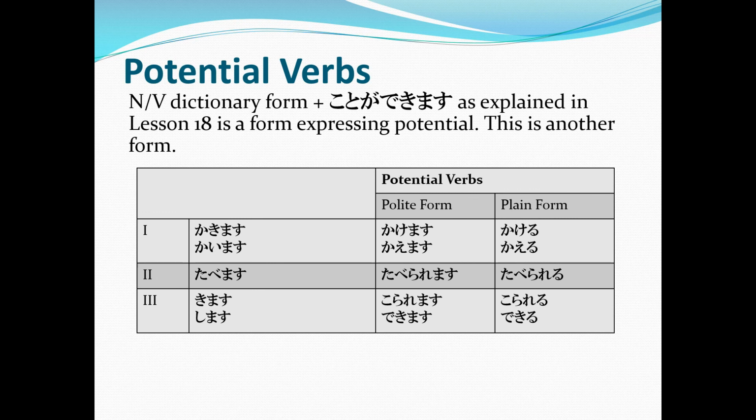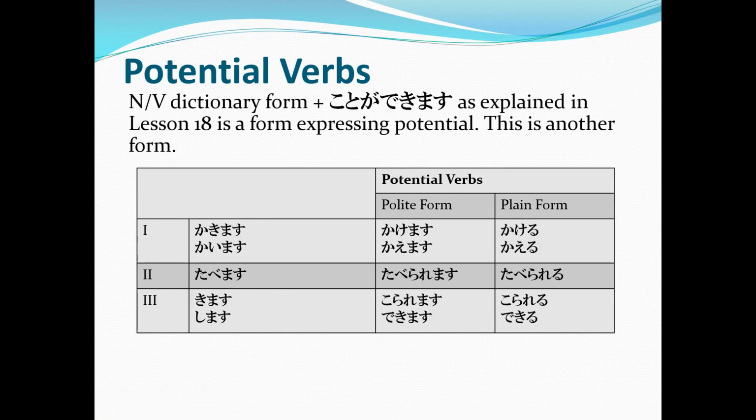Wakatta? Now, it'll be the same with, for example, if you want to play tennis, no? Tenisu o shimasu, so it will become tenisu dekimasu, tenisu dekiru, which means you can play tennis. Now, how about to clean? It's soji shimasu.